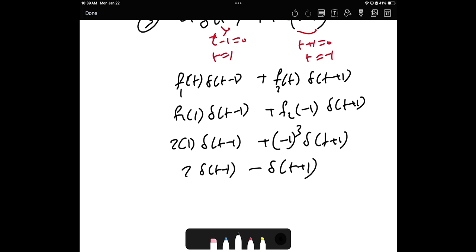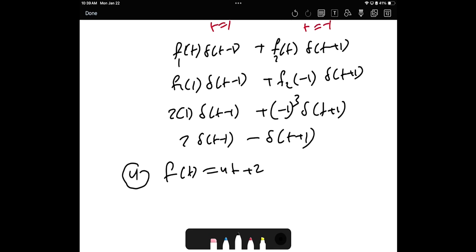Now example number 4. We have f of t equals 4t plus 2. But here the question says find the integral between negative infinity to infinity of f of t delta t minus 10 dt.